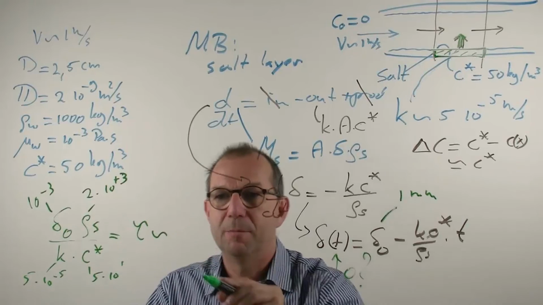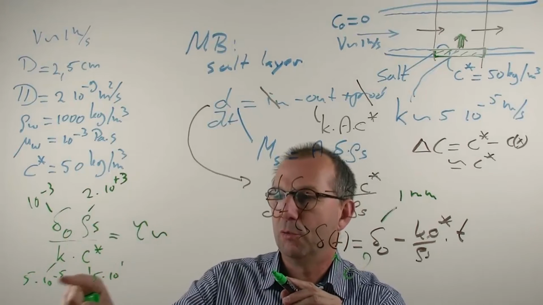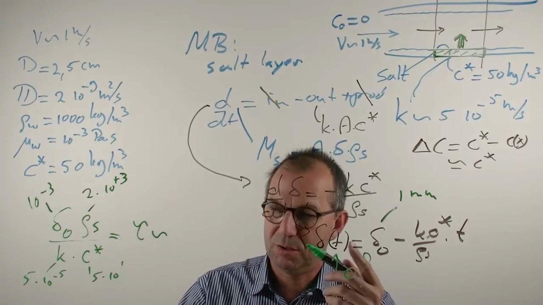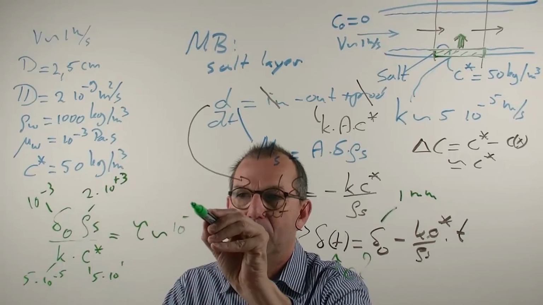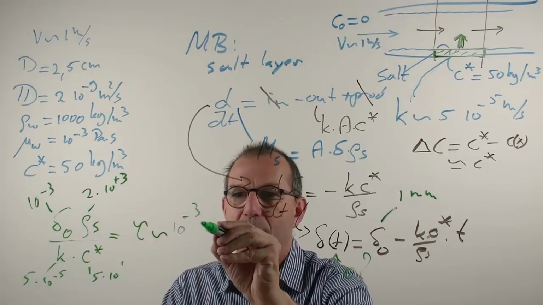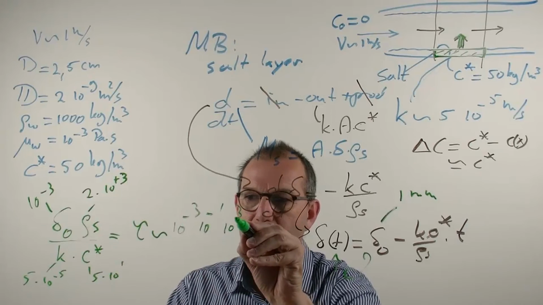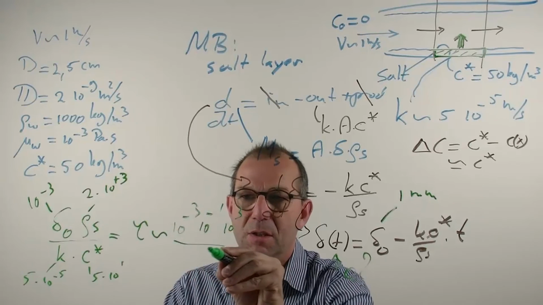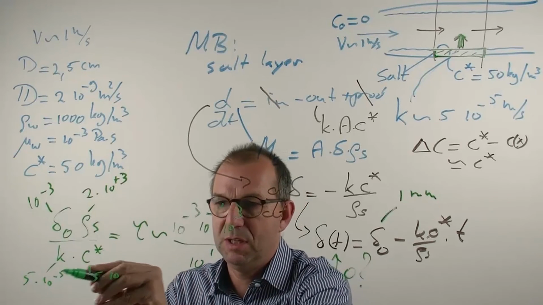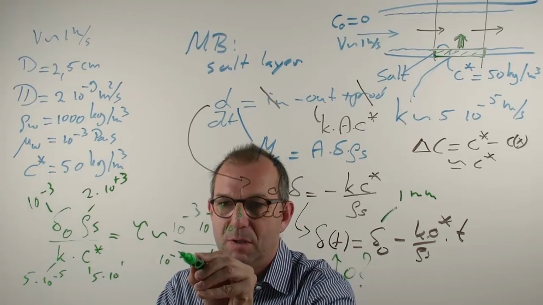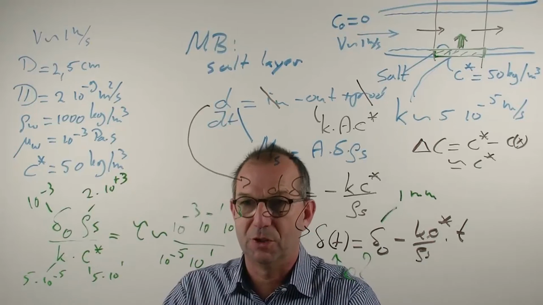So this is roughly 25 for this, 2 over 25 is roughly another 10 to the minus 1, so I have 10 to the minus 3 times 2 and the 5s and the 5, 10 to the minus 1. 10 to the power 3 for this density, and here 10 to the 1 from C, and 10 to the minus 5 from the K coefficient, the transfer coefficient.